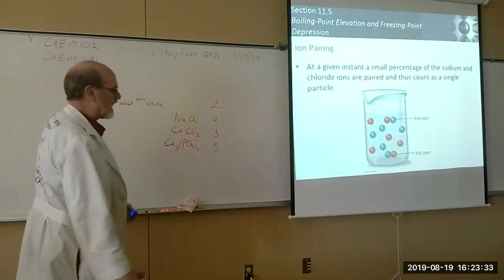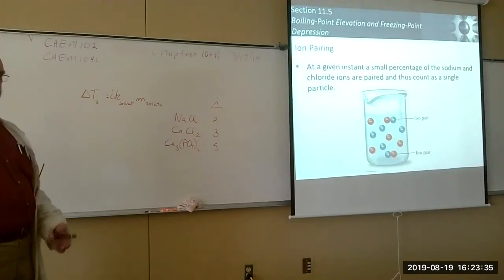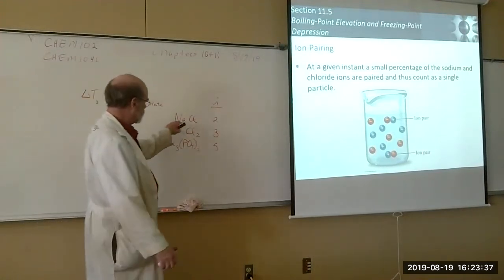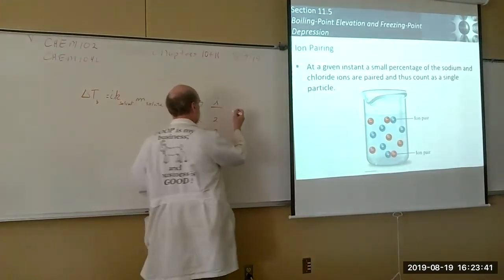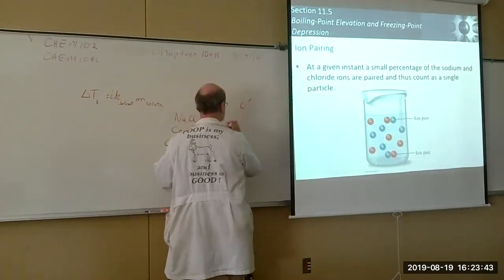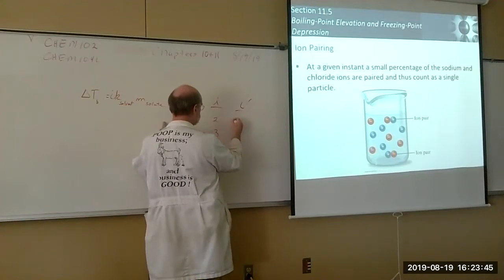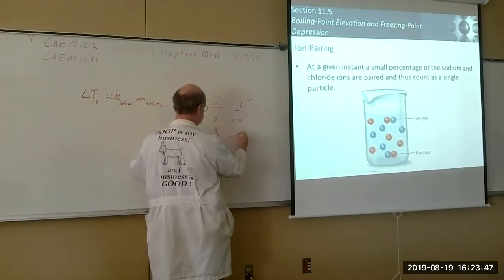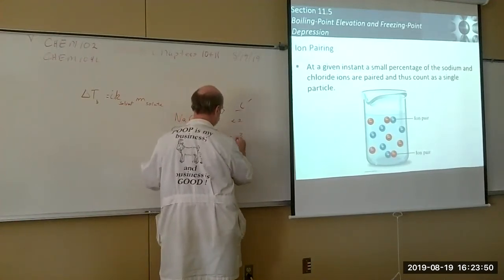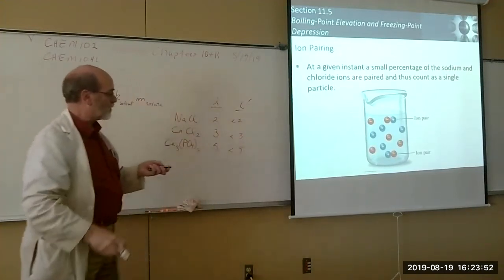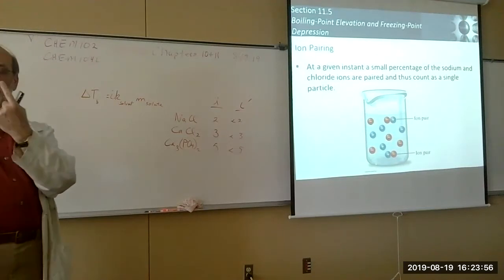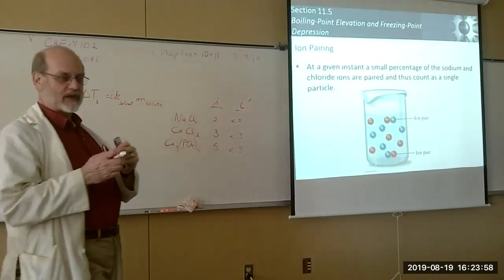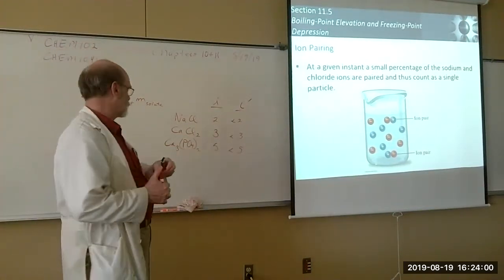The deviation from ideal is that even in solution, sometimes these ions come back in pairs, right? So the true i is going, in this case, to be less than 2, less than 3, less than 5. Because with ion pairing, now you only have 1 where you had 2 before. So that decreases the size of the Van 't Hoff factor.